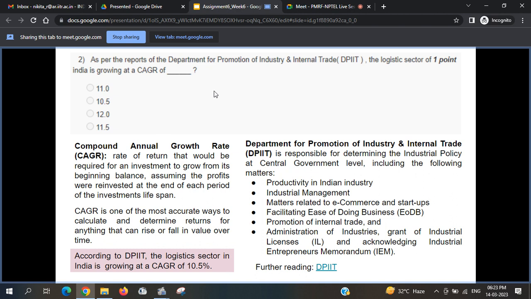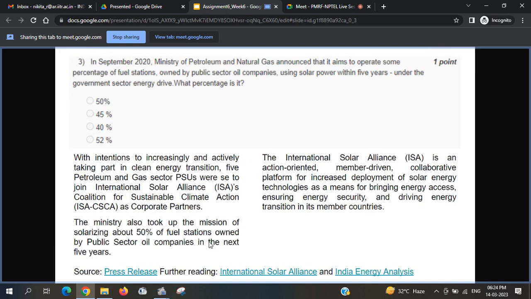I hope this question is clear. So according to DPIIT, the growth of the logistics sector in India was 10.5%. We'll move on to the next question now.